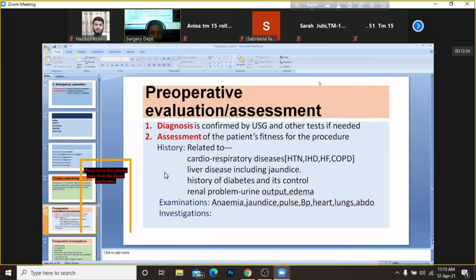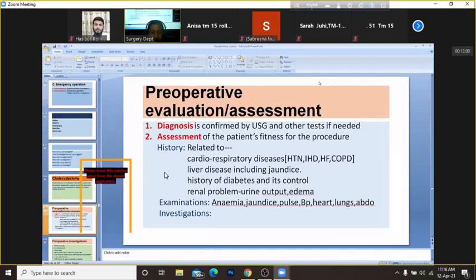Number two, assessment of the patient's fitness for the procedure. That is, whether the patient is adequately fit to have the optimum outcome through this procedure. So we have to ask regarding cardiorespiratory disease, liver disease, including history of jaundice, history of diabetes mellitus and its control, renal problem.